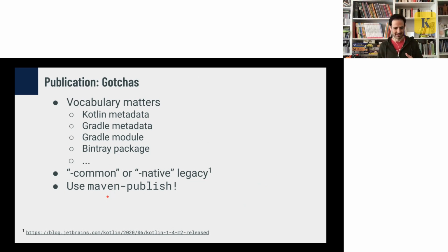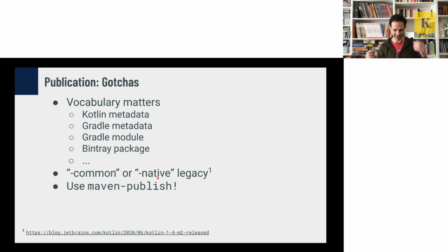To make matters worse, there is some kind of legacy. You might have seen these dash common or dash native modules that sometimes hold a JVM artifact. So you end up having to depend on native to pull some JVM artifacts. That feels a bit weird. But the good thing is that this is mostly legacy.